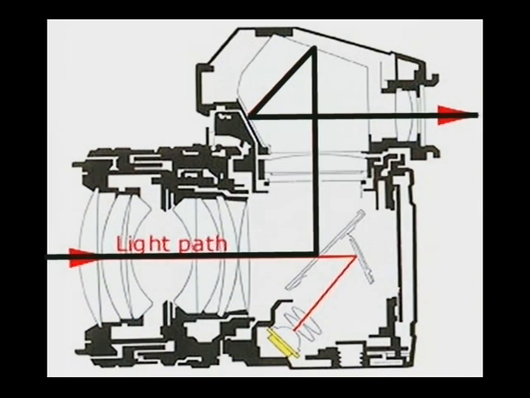On top of the ground glass there is a pentaprism arrangement. With the pentaprism, the light gets reflected twice and goes along the horizontal axis, and through the eyepiece a person can see what image is forming inside the camera. At the time of taking the picture, the mirror swings up and the light directly gets onto the negative or the film, and it records the image.